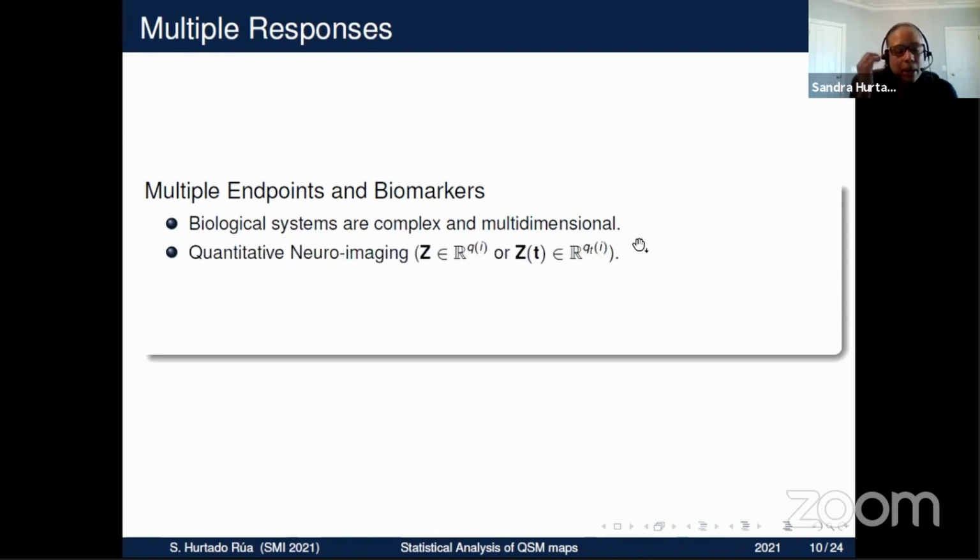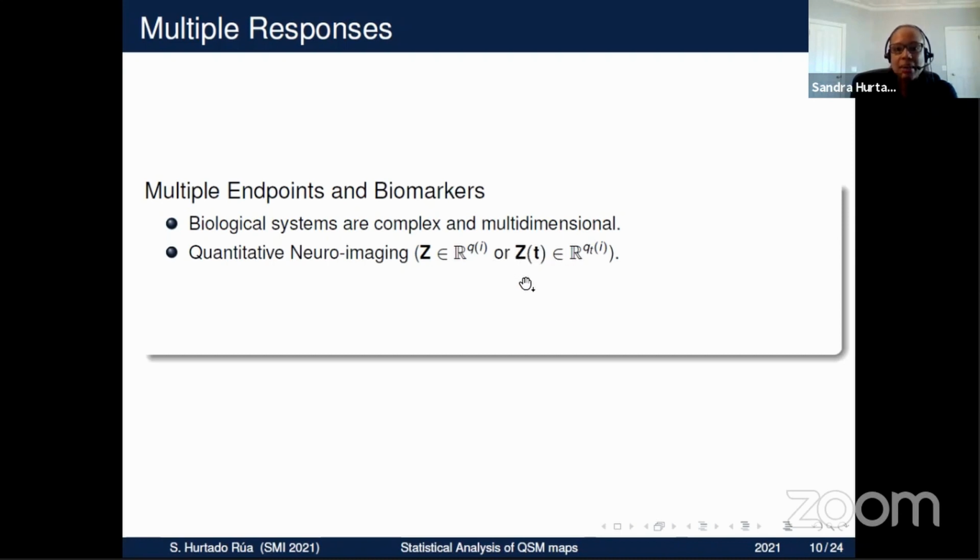So this is where we start thinking about the modeling strategies. So we have neuroimaging, so we may have a vector, and we use the current modeling structure that we have. So we may have a vector of lesions, but the number of lesions, the dimensionality of this vector, obviously is going to depend on the patient, right? Because it's unbalanced data. But we want to look not only at cross-sectional, but at evolution over time.